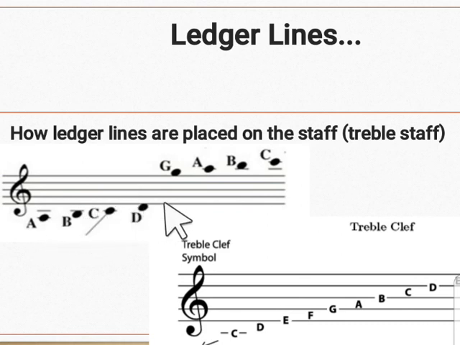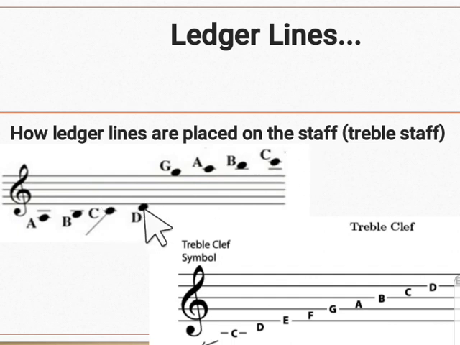When placing them, you first consider the space above the fifth line or the space below the first line, then you place your ledger line. Then you consider another space and place another ledger line, and it continues.